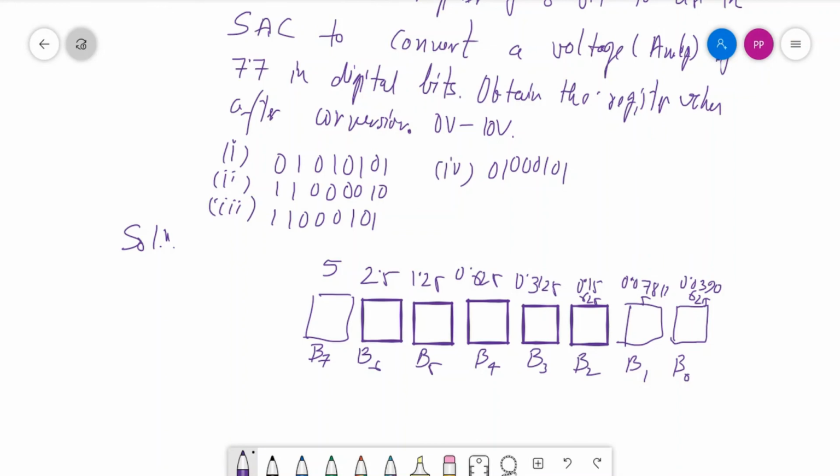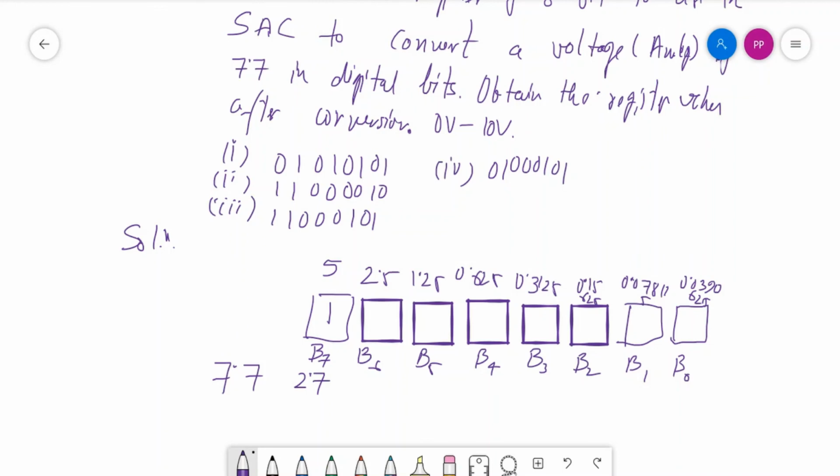So we start setting from the left. So we have the 7.7 volt in hand. So once we start, we assign the 5 volt over here. This is set to 1. We are remaining with 2.7.